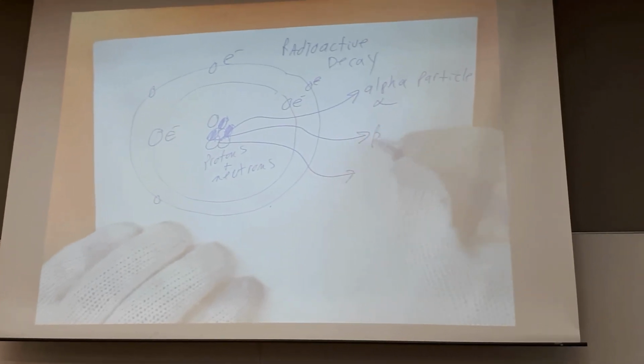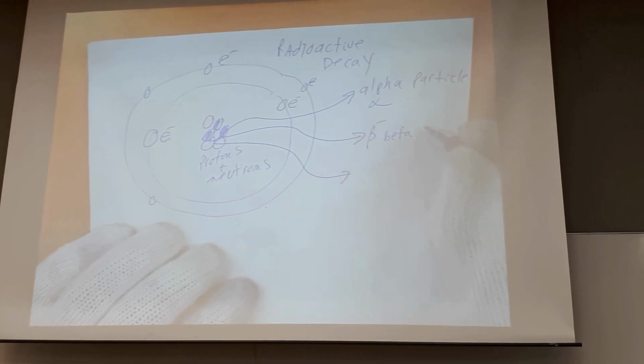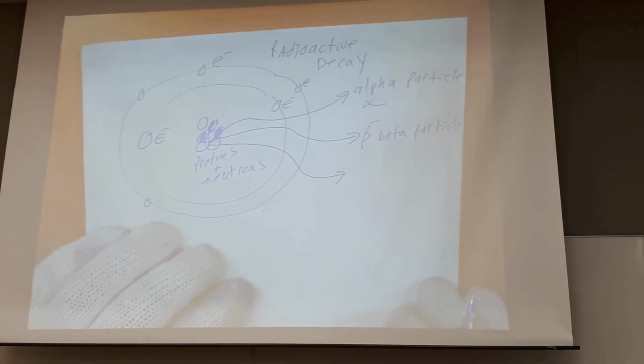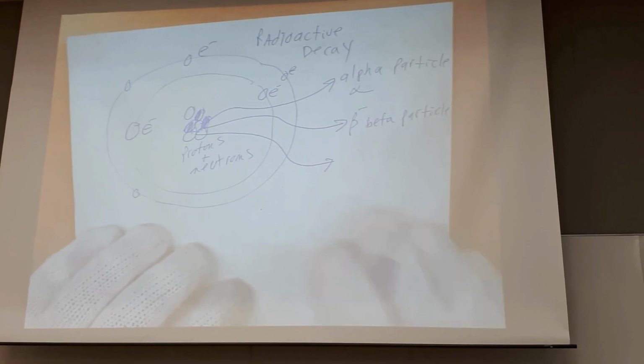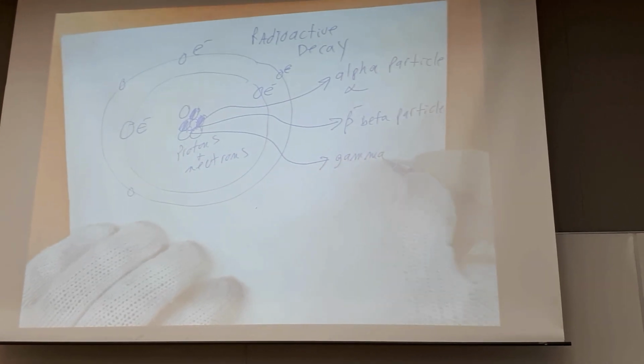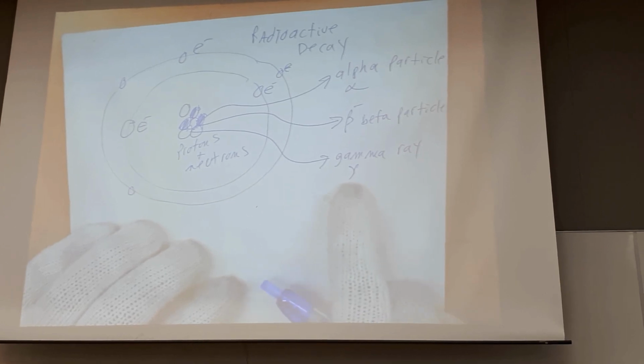The other one is a beta particle. This is beta minus. The details of this are posted. I'm not going to go into any details. And the last one is actually a gamma ray. And it uses the symbol gamma, the Greek letter gamma, the gamma ray.